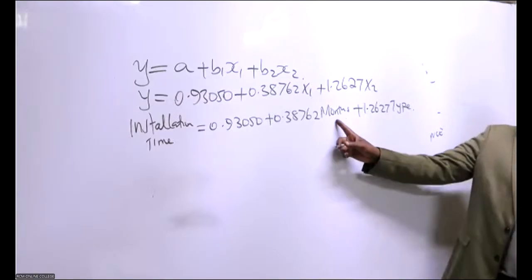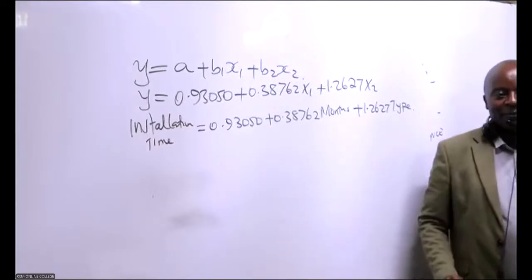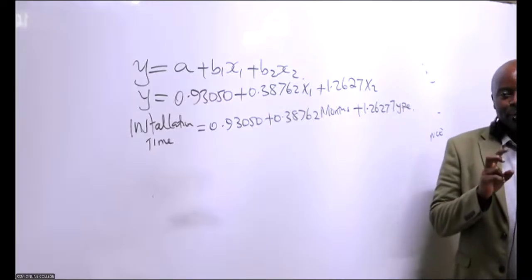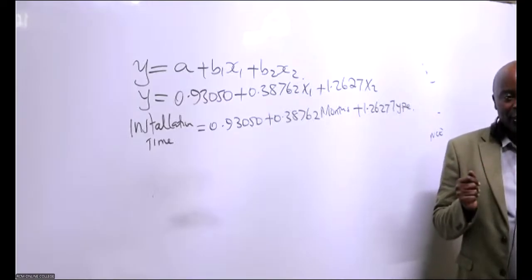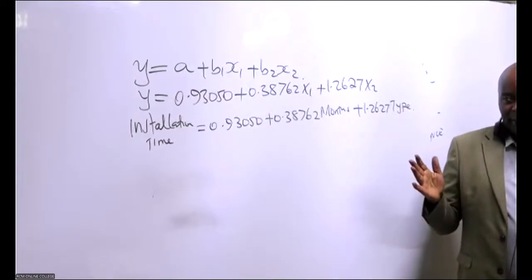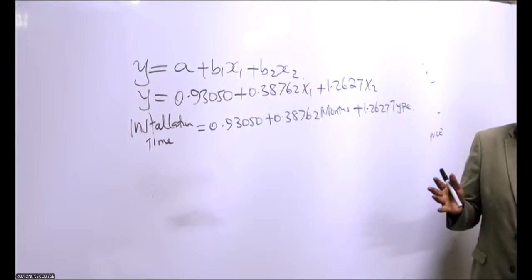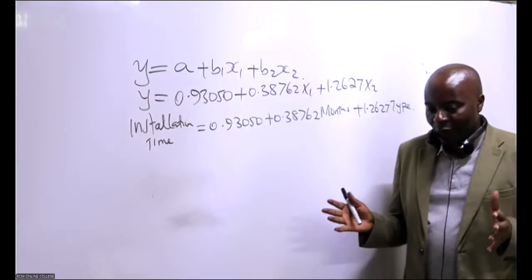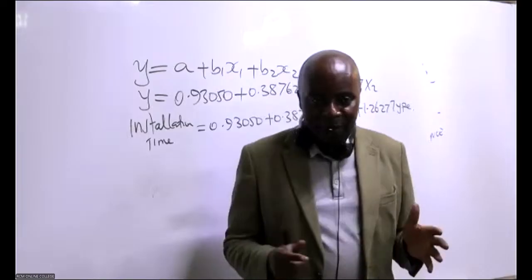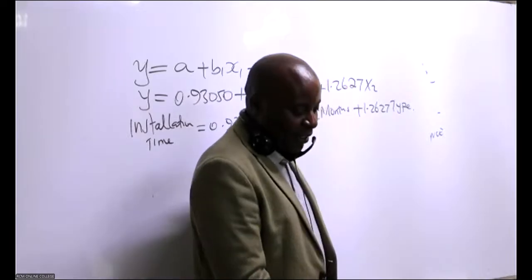So we start with the first variable. These months and installation time, are they supposed to be positively related or negatively related? Positively. Yeah, so the more the months, the more the installation time. So these are months for what? Read a little and let us see. These are months for what here?